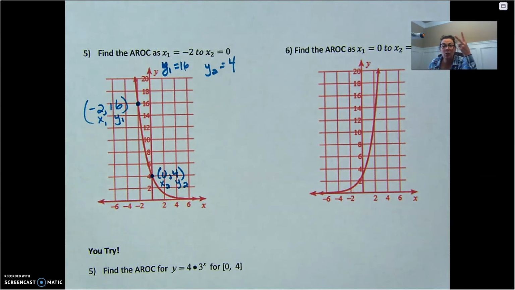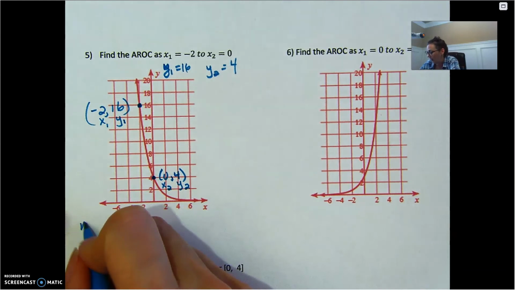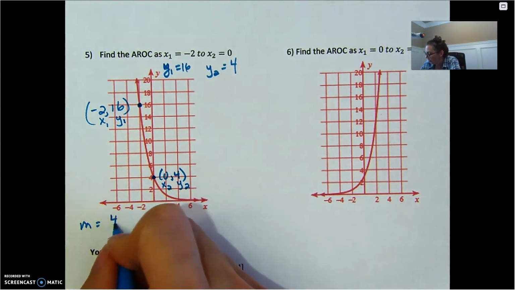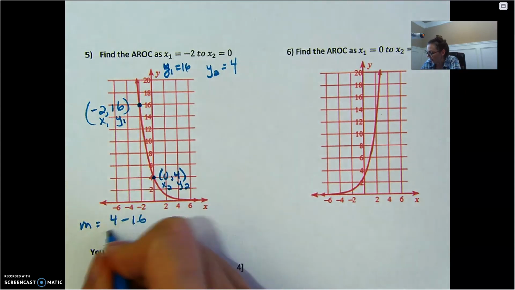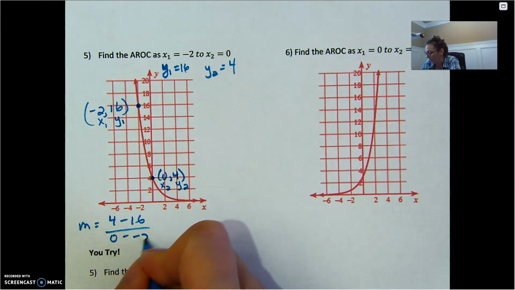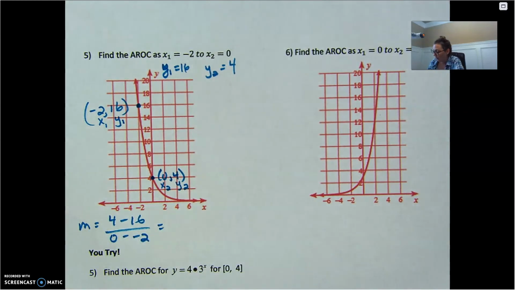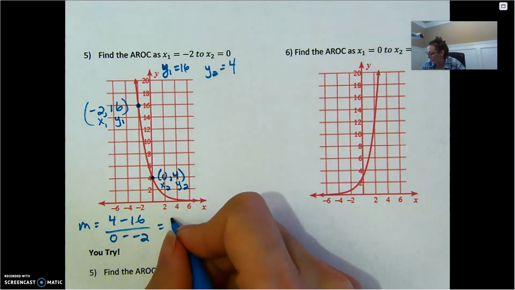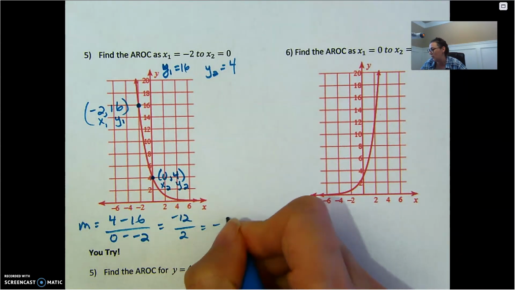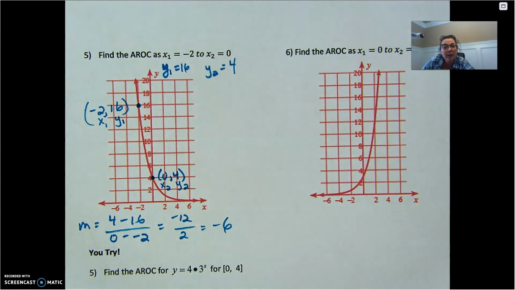Now that I have my two points, I can do that average rate of change, aka the slope formula. So the slope is y to the sky, 4 minus 16, and then x's are on the bottom, 0 minus -2. So 4 minus 16 is -12. Negative goes positive, and that reduces to a -6. Or you could type it into the calculator.